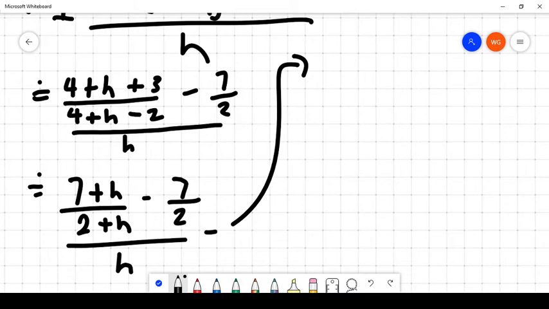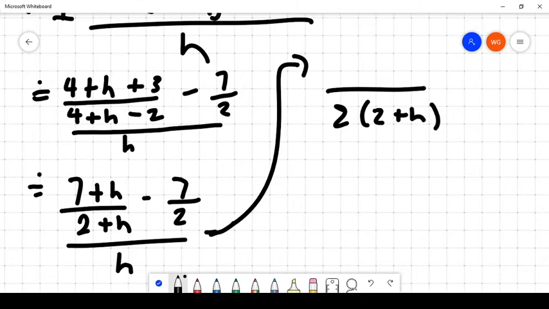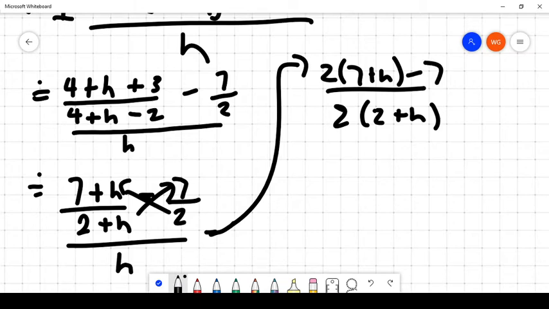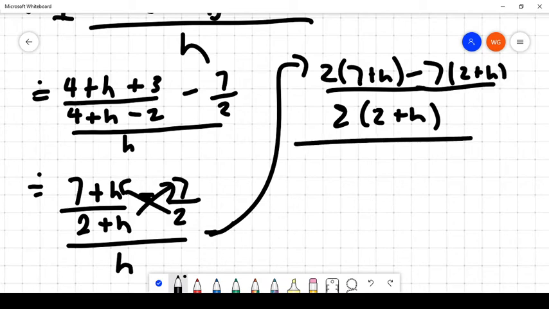And what we'll do now is try to combine our numerator to a single denominator. So we're going to have 2 times 2 plus h, and then we're going to cross multiply these. I know that that's a bit of a shortcut, but we're going to go with that for now. So 2 times 7 plus h minus 7 times 2 plus h, and all of that is over h.